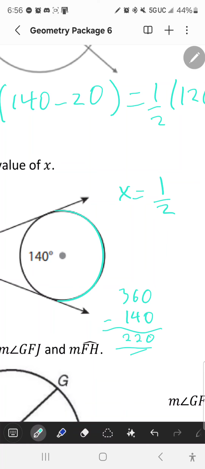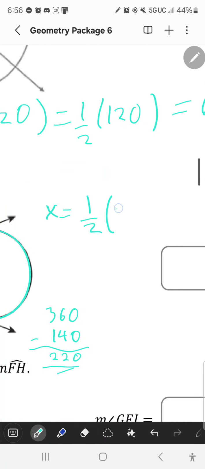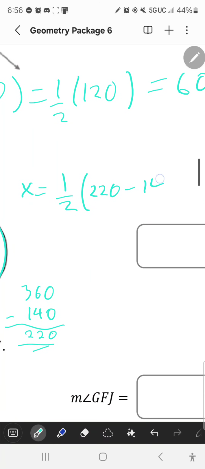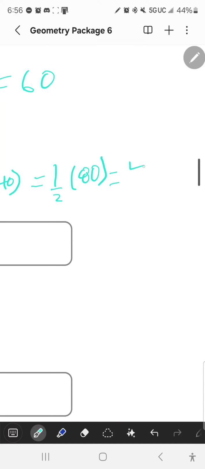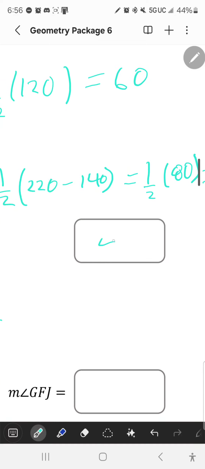So the bigger is 220, so it will be one half of 220 minus the small arc, which is 140. So one half of 220 minus 140 is 80, and half of 80 is 40. And this is our answer.